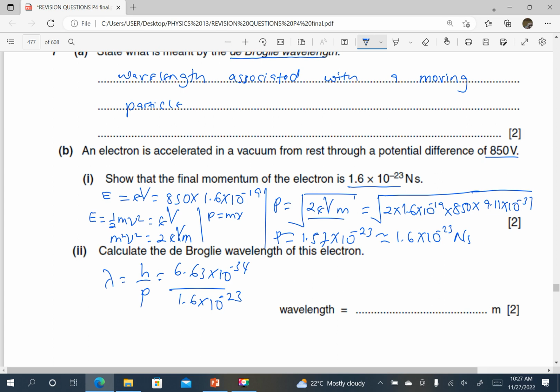So from my calculator, this is 4.1 times 10 power negative 11 metres as the de Broglie wavelength of that electron.